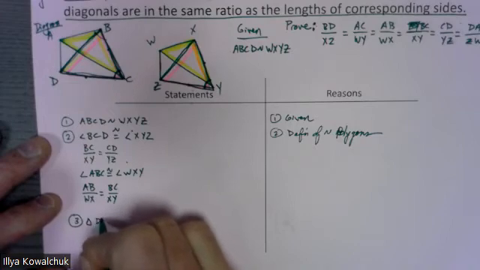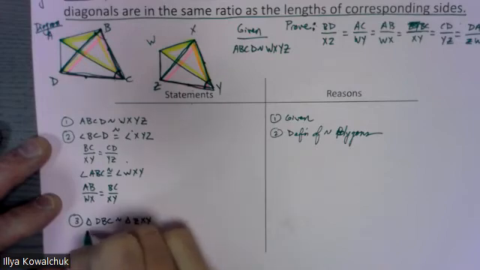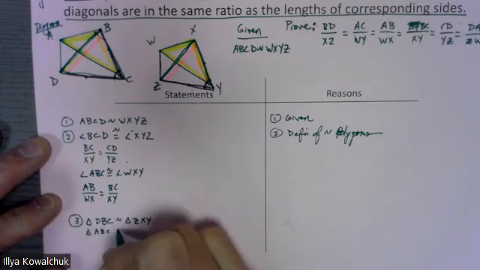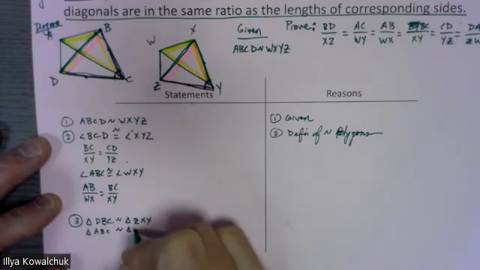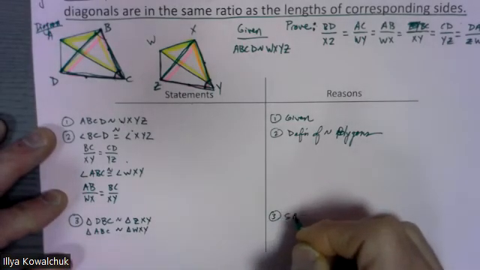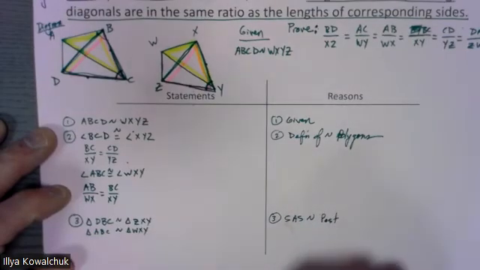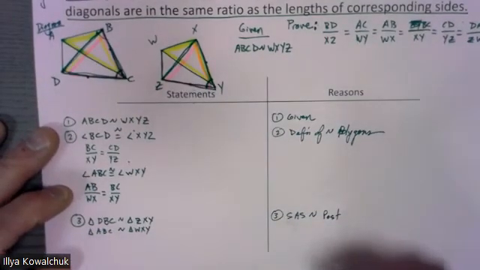Triangle DBC is similar to triangle ZXY, and triangle ABC is similar to triangle WXY. And that is because of the side angle side similarity postulate. Nope, theorem.